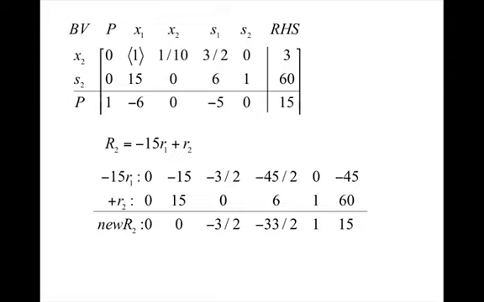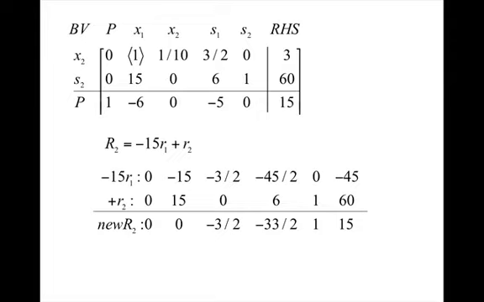When I add this to row 2, 0 plus 0 is 0. -15 plus 15 gives me the 0 that I wanted. -3/2 plus 0 is -3/2. -45/2 plus 6 is -33/2. 0 plus 1 is 1, and -45 plus 60 is 15. This is going to become my new row 2.